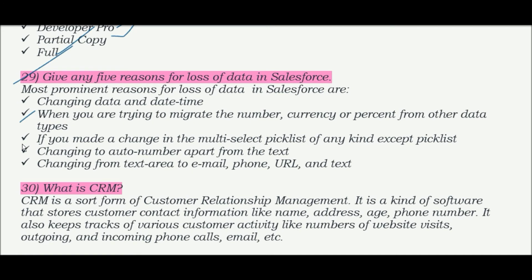Third reason is if you make a change in the multi-select pick list of any kind except pick list. Fourth reason may be changing to auto number apart from text. Fifth reason may be changing from text area to email, phone, URL and other kinds of text.